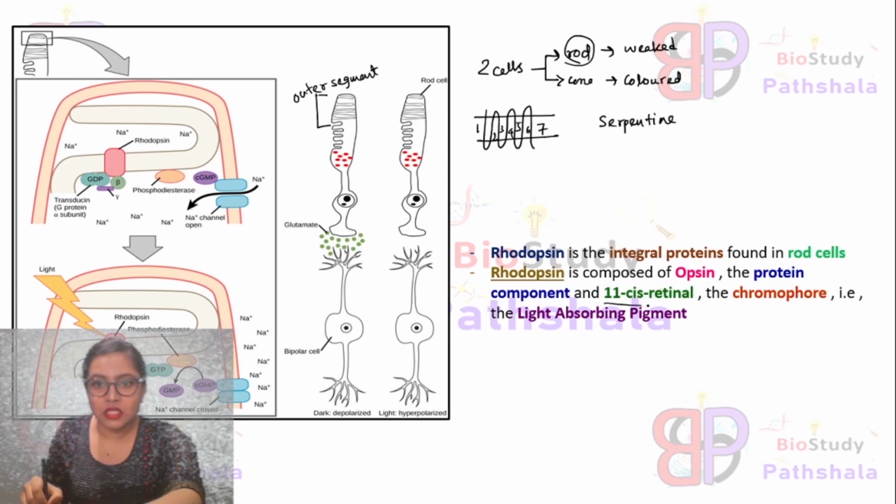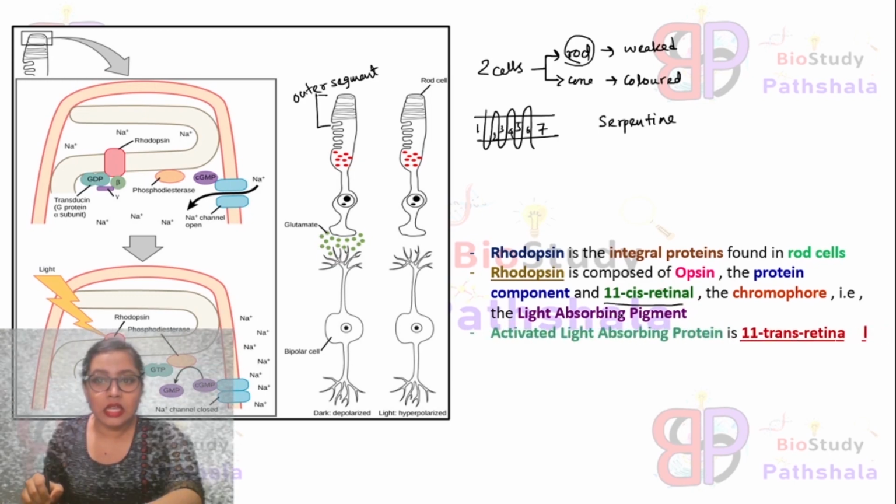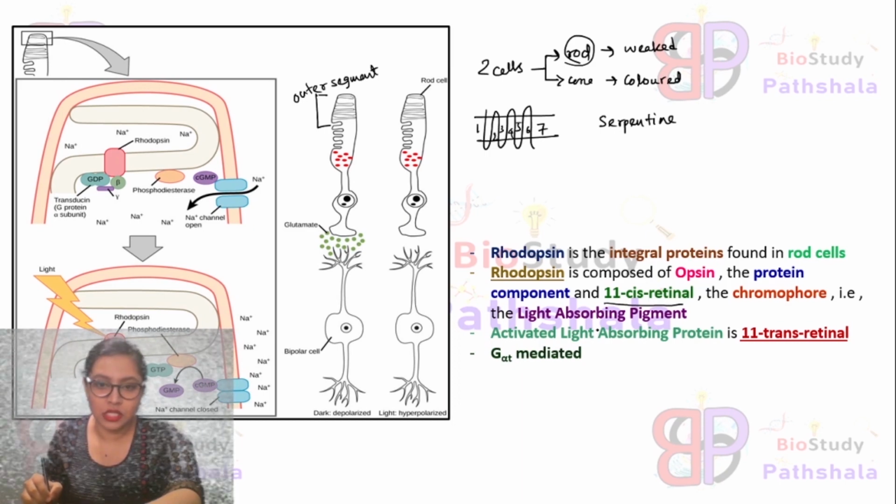But the 11-cis-retinal is not the active form of the rhodopsin chromophore. The active form of this chromophore is 11-trans-retinal. So the 11-trans-retinal further proceeds the pathway, and this pathway is G-alpha T mediated, that is, specifically G-alpha T subunit mediated.